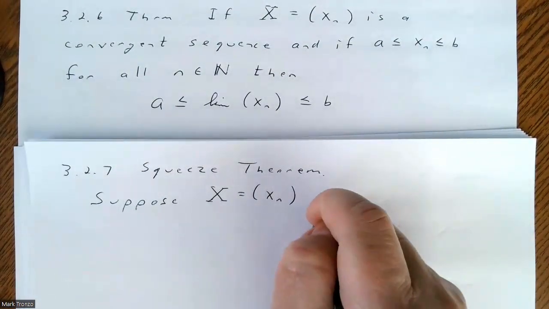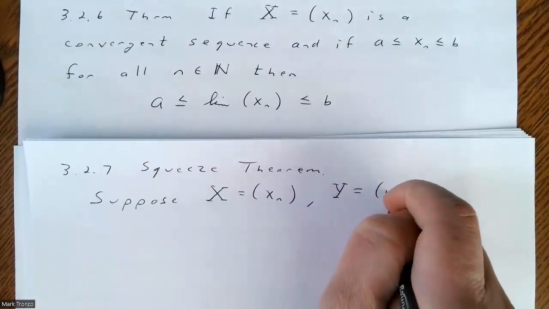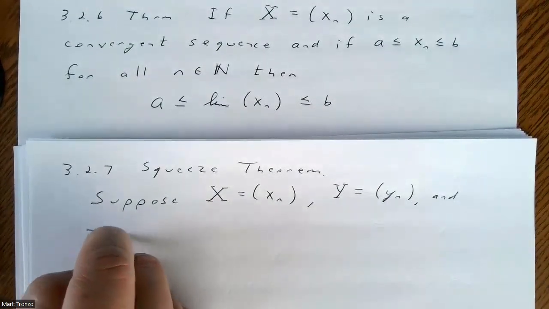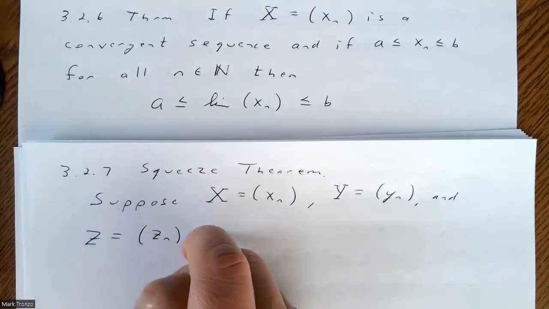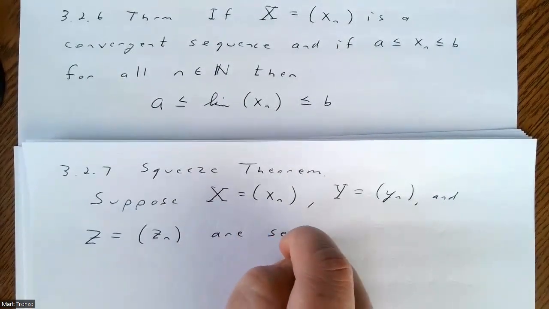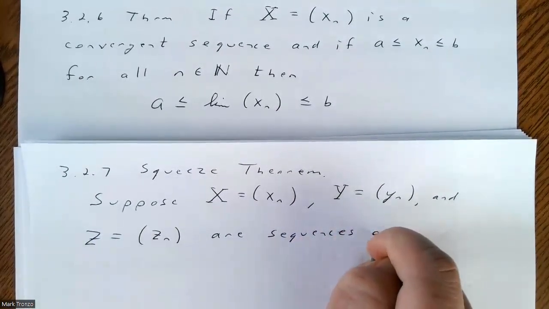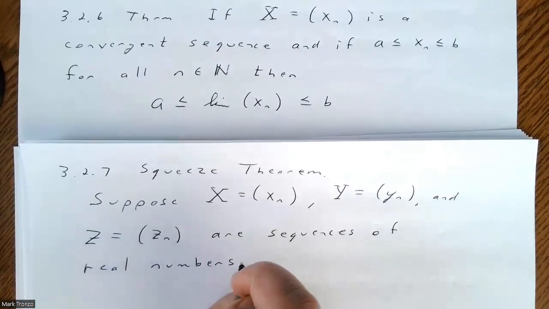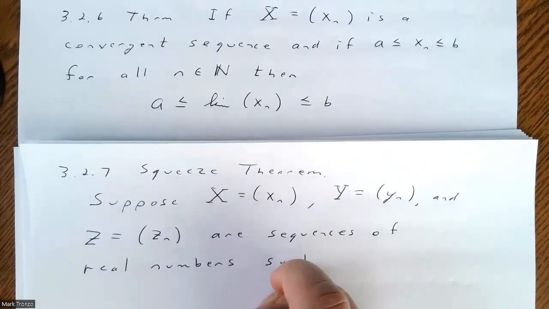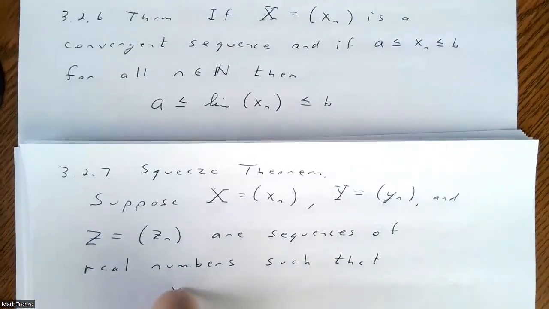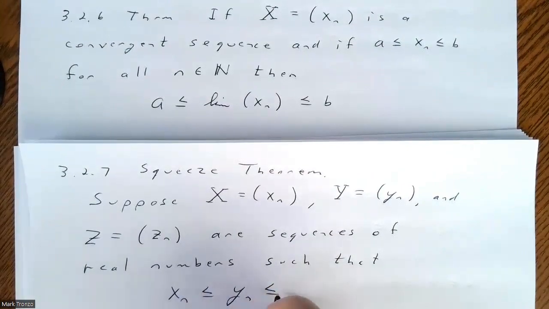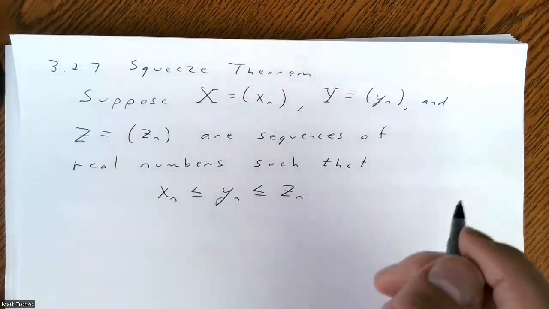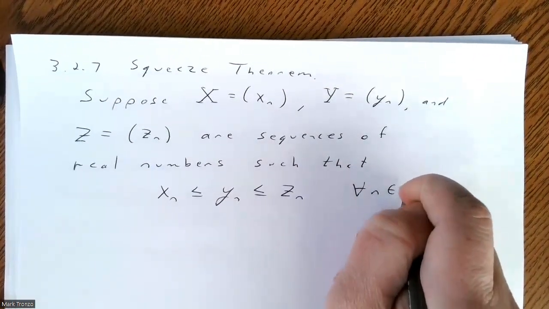Suppose Xn is a sequence, Yn is a sequence, and the Zn are all sequences of real numbers such that Xn ≤ Yn ≤ Zn for all n in the natural numbers.